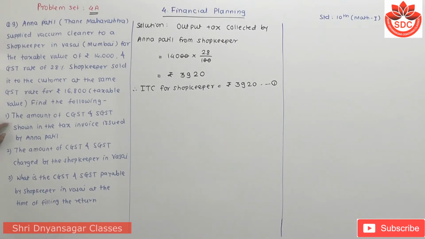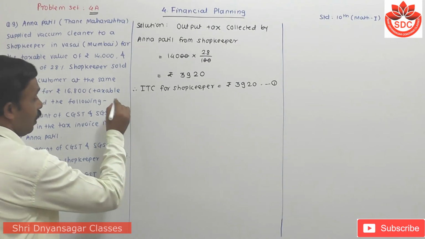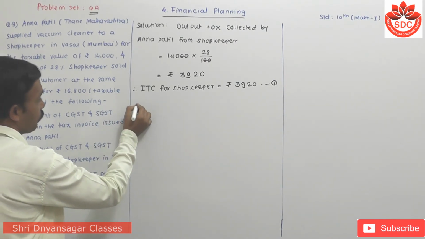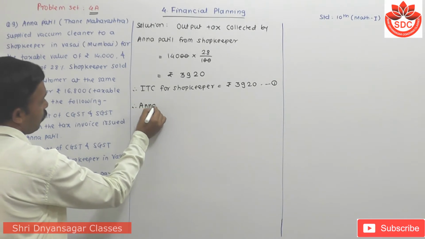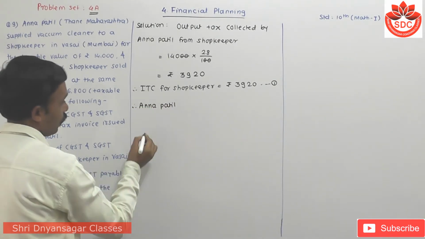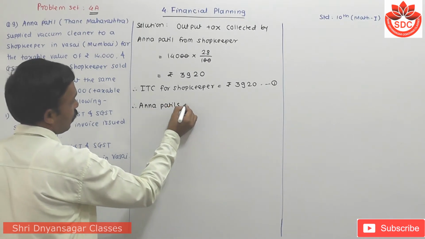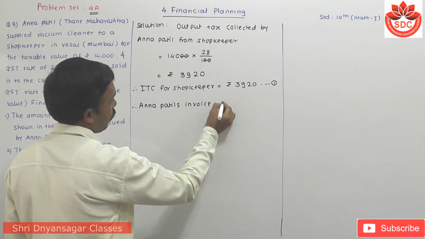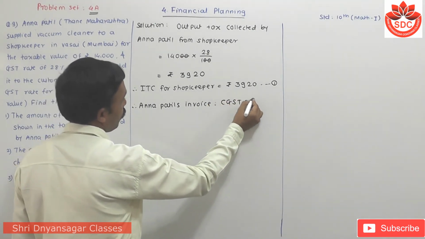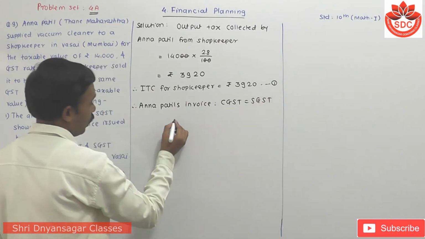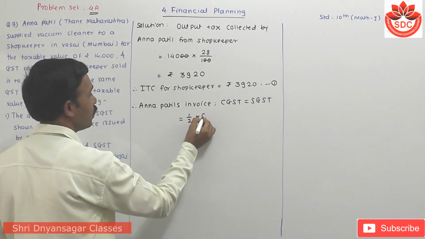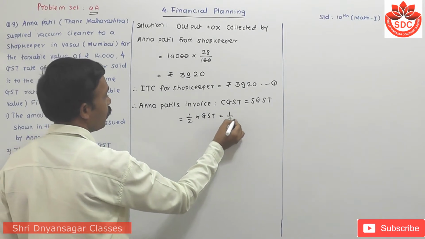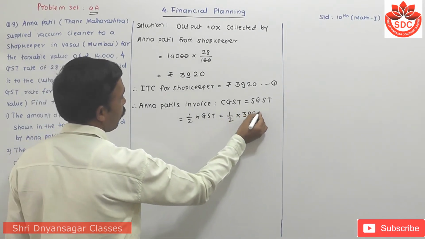You have to first find out the amount of CGST and SGST shown in the tax invoice issued by Anna Patil, so that in Anna Patil's invoice CGST is equal to SGST is equal to half of this GST, means that half of this amount 3,920.